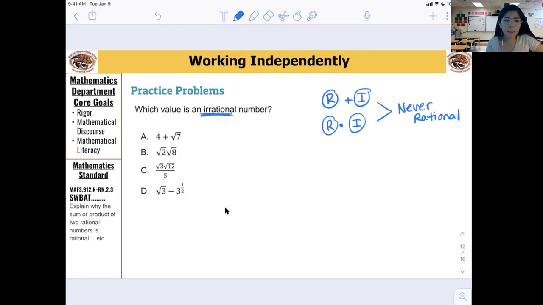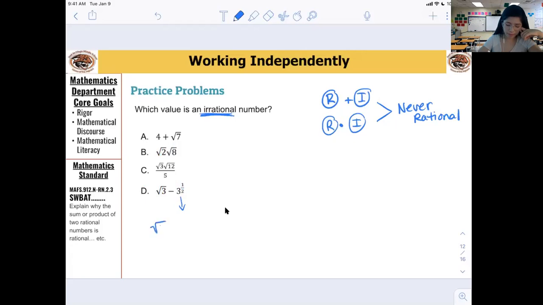Square root of 3 minus 3 to the power of 1/2. I have a square root and then I have an exponent. I need them both to match. In order to do the math, they have to match. So can I convert one into a different thing? Yes. How do I rewrite 3 to the power of 1/2?